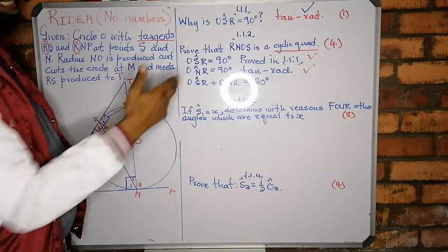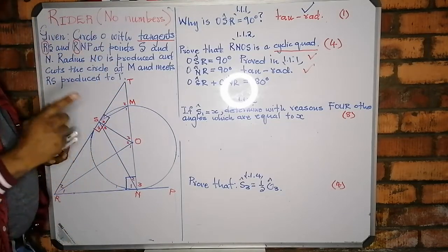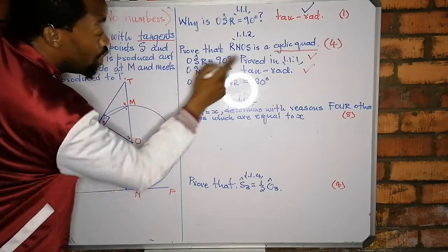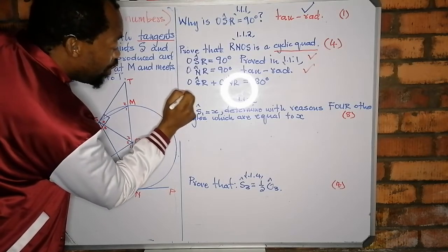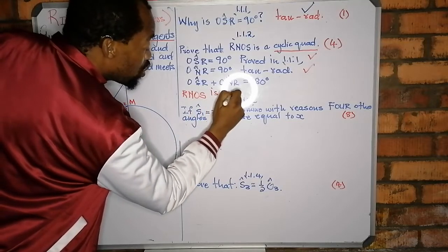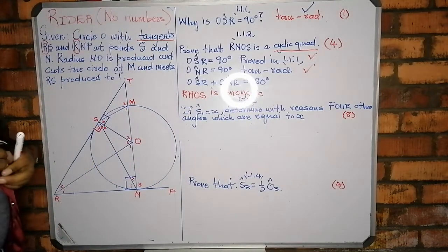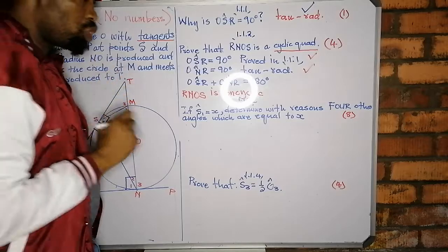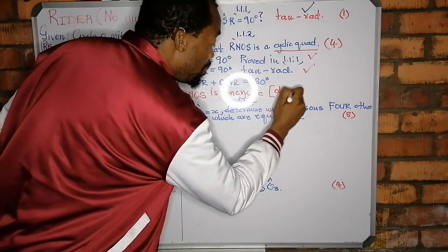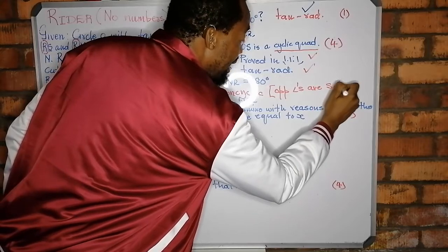Sometimes it would be 160, 20, sometimes it would be 80, 100. Now, I must give a reason and agree on that particular statement. Therefore, RNOS is concyclic. What does concyclic mean? It is a cyclic quadrilateral. How do you know that? There's my reason. Because opposite angles are supplementary.